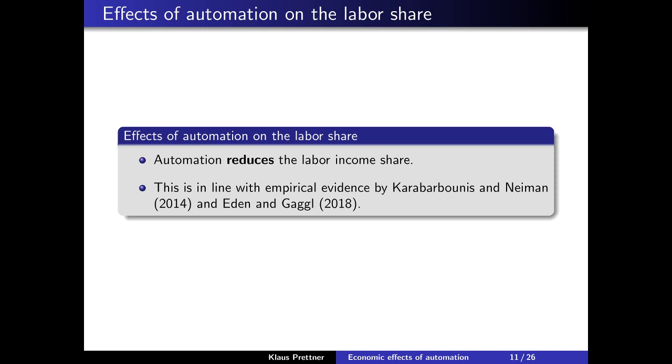Nevertheless, the results are in line: according to their empirical results, automation would reduce the labor income share, and that's also what the Solow model augmented by automation technology predicts.